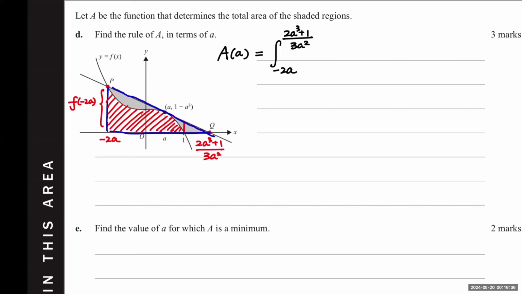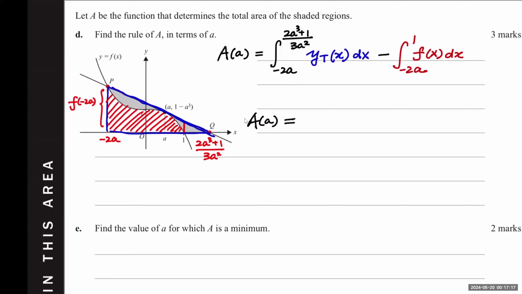What are we integrating? We are integrating the straight line, yt of x dx. This is the outer part. Subtracting the integral from minus 2a to 1 of f of x dx, okay? So once you get to this step, it's the triangle subtracting the area under the cubic, okay? Then you just slot everything into a CAS calculator and provide a lovely answer, even though the question was 3 marks.